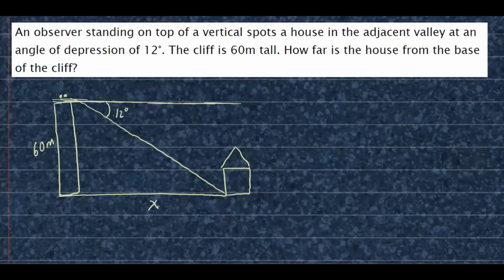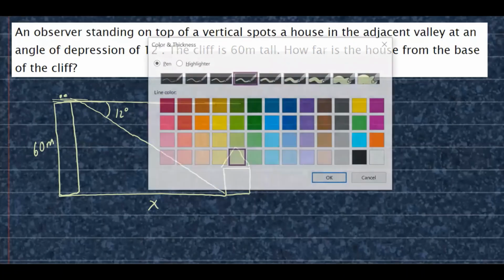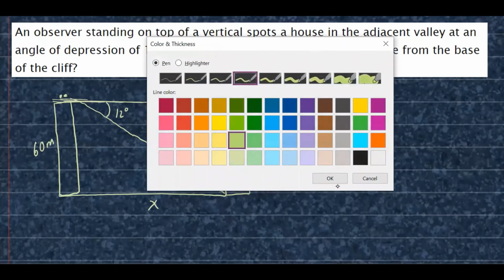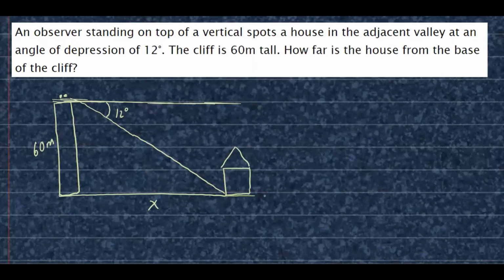So as you can see, if I extend this just a little bit more, so that's the horizontal and that's the horizontal from the observer's eyesight, and then as you're cutting through the middle, we're creating alternate interior angles. So if that's 12 degrees up there, then this is also 12 degrees because they're alternate interior angles. So these angles are equal.